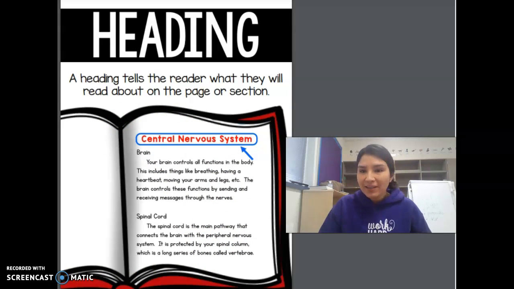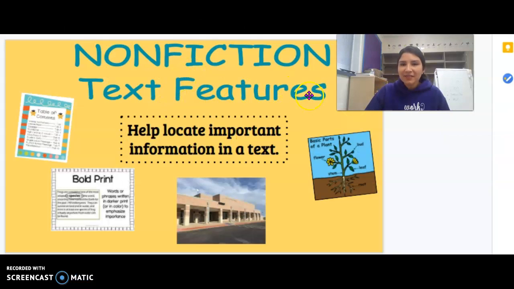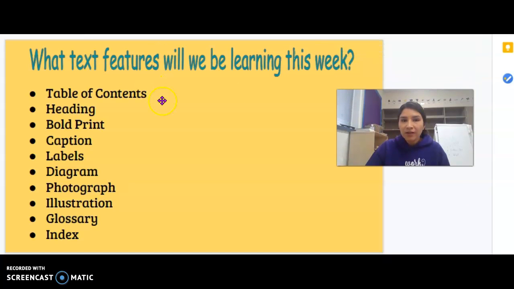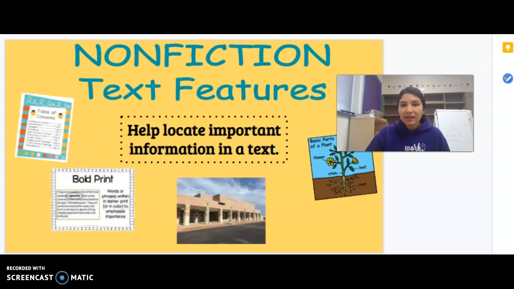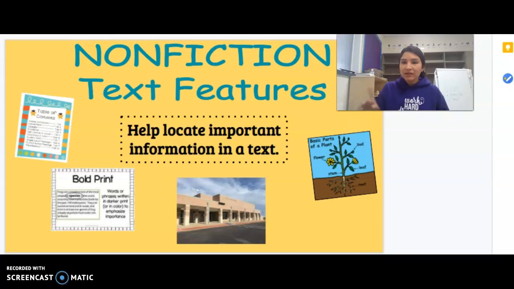All right. So let's go ahead and go back to our nonfiction text features poster and talk a little bit more. All right, nonfiction text features. So we just went over two of them. We went over table of contents and heading. So as the week goes by, we will continue learning more and more information about these different text features.